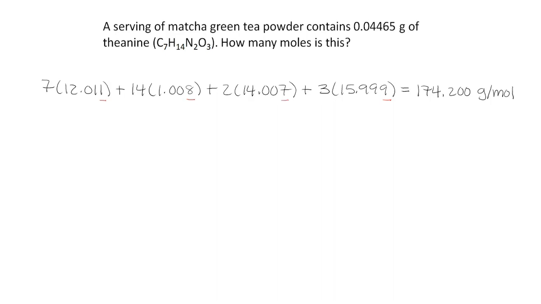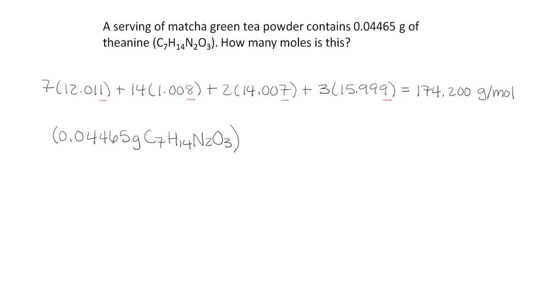To set up the problem, we start with what is given. 0.04465 grams of theanine. Now we're at a point where we have to write the value, the units, and the substance.